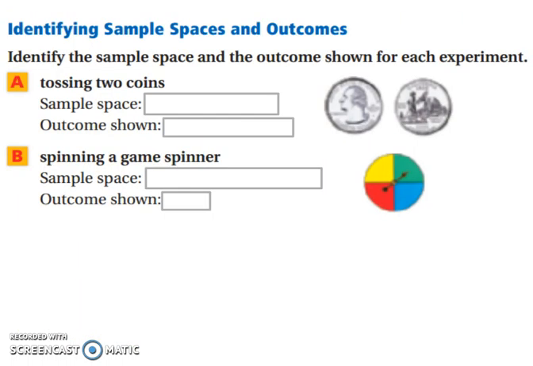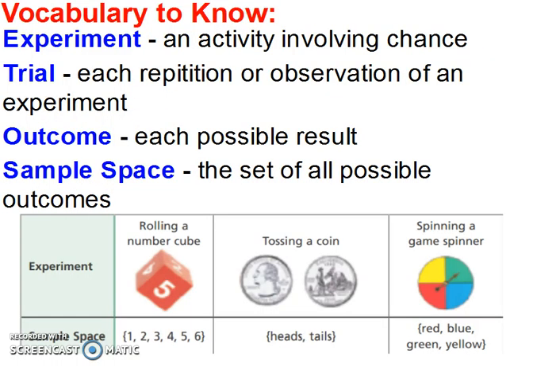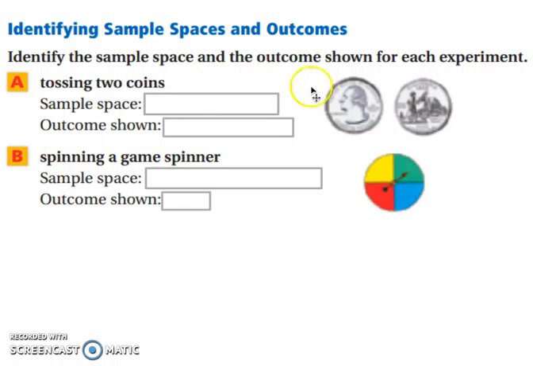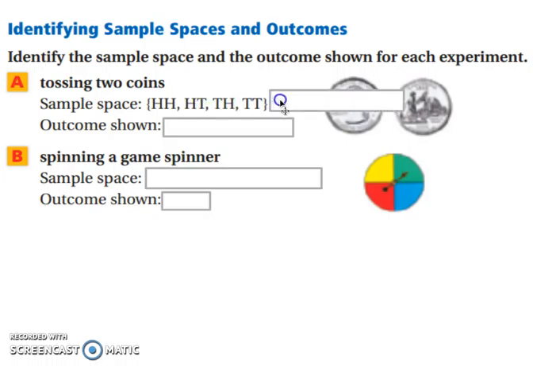Let's start by looking at identifying sample spaces and outcomes. Tossing 2 coins. So we're not just tossing 1 coin like in our definition here. We're tossing 2 coins. So your sample space would be heads heads, heads tails, tails heads, and tails tails.